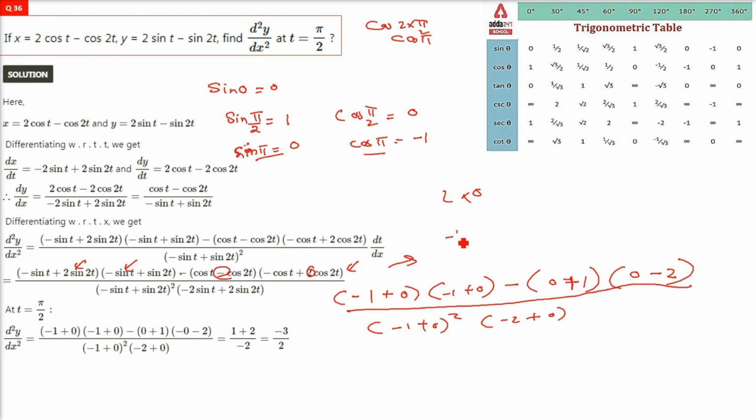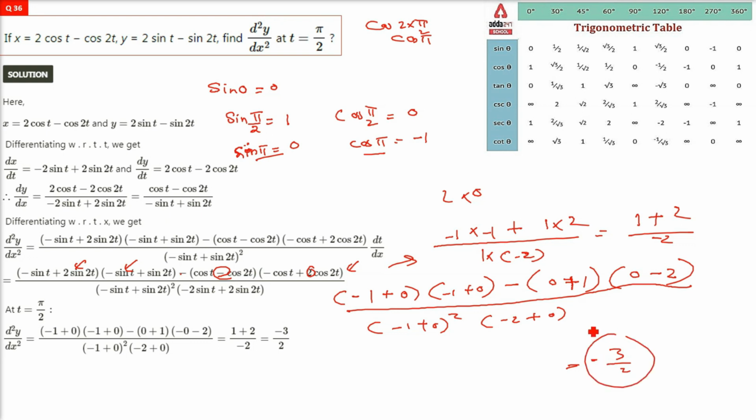Minus 1 into minus 1 is going to be plus 1. Then you have negative here, so it will be 0 plus 1 is 1, and then we have minus 2, so minus minus becomes plus, so I have already placed a plus in between. So minus 1 squared is 1, and then minus 2 we have, so minus minus is plus, then we have a 2 here, and then you have negative 2 in the denominator, so you have negative 3 by 2. This is d2y by dx2. Minus 3 by 2 is the answer.